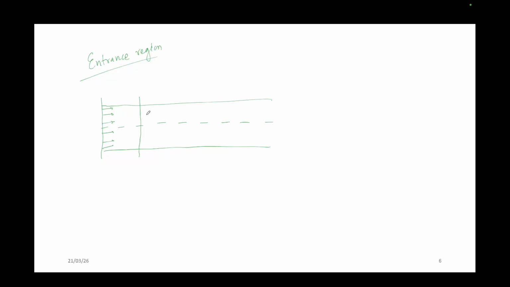But after that, because of the wall effect, the profile that is generating here should be somewhat like this. As you move further, you will find the profile developing more.